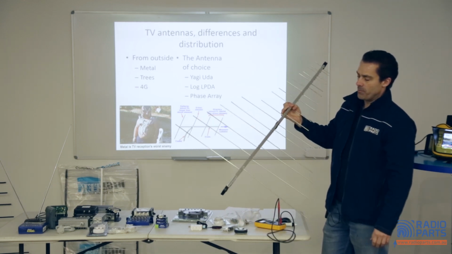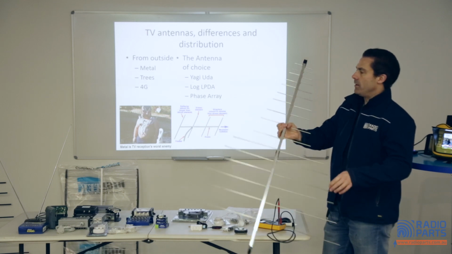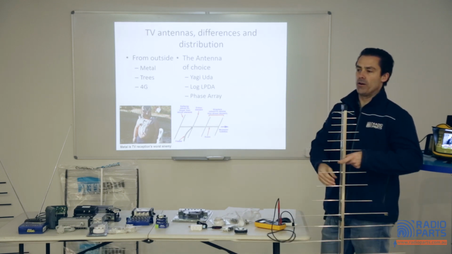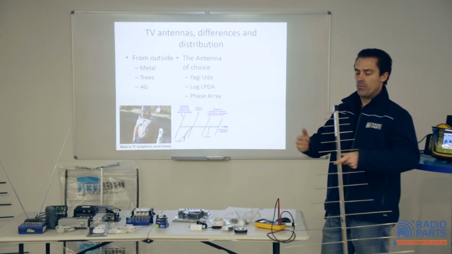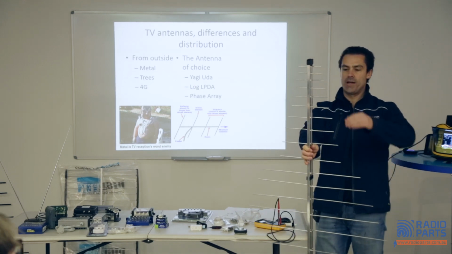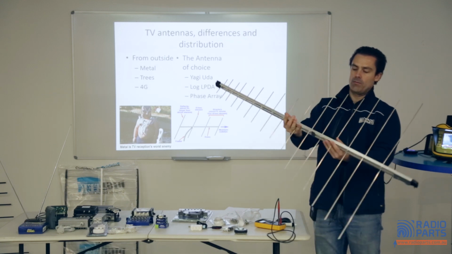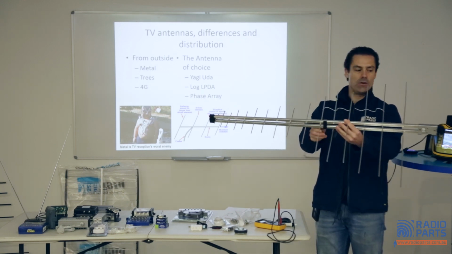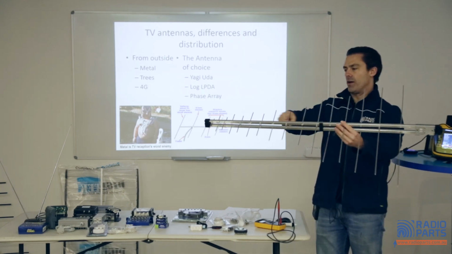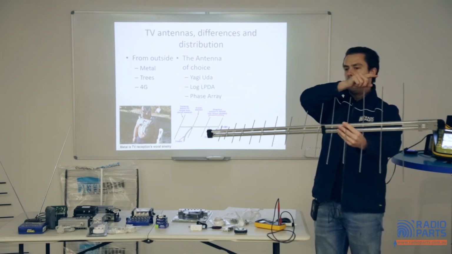These are Ficaro, so made in Italy. Being log periodic, logarithmic, if you have a look at the design and the placement of the elements, it's a logarithmic, and it's a split boom design. So what you have is a coaxial going up one end of the boom and then back down the other.